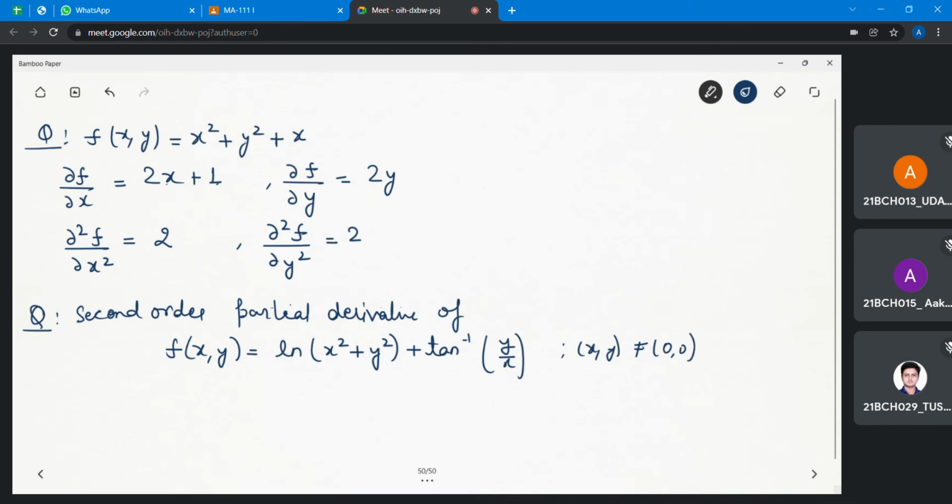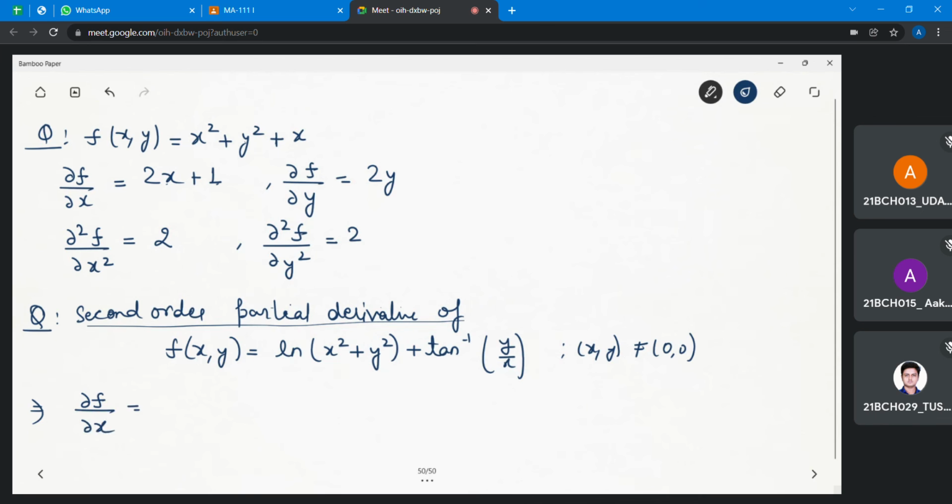Okay. So let us suppose we have to evaluate the second order partial derivative of this function. Now we know that to evaluate the second order, first evaluate the first order derivative.